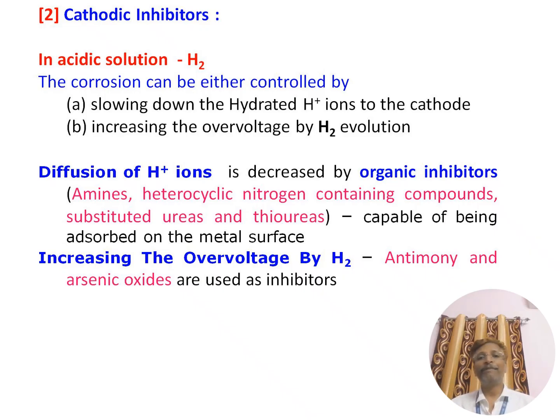These are all chemicals capable of being adsorbed on the metal surface, which can effectively control the diffusion of H plus ions. For increasing the overvoltage of hydrogen, the best examples are antimony and arsenic oxides, which are used as inhibitors to effectively reduce the corrosion.